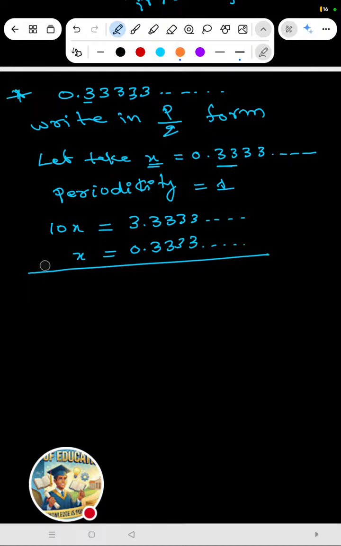If we do the subtraction, 10x minus x, we get 9x is equal to, after the decimal all are zeros, so 3 minus 0, 3 only. So the x value is equal to 3 by 9. The simplest form is 1 by 3.